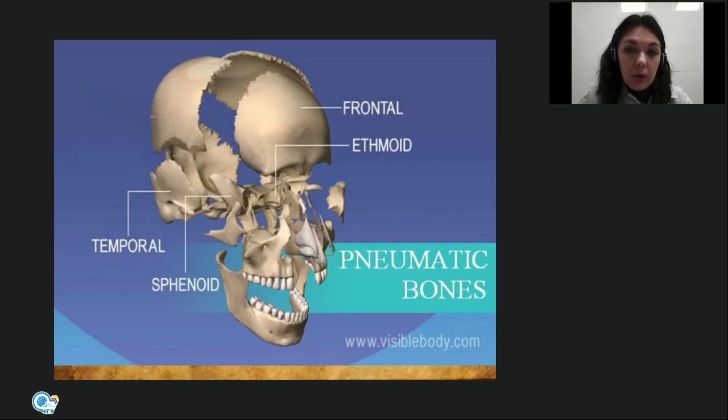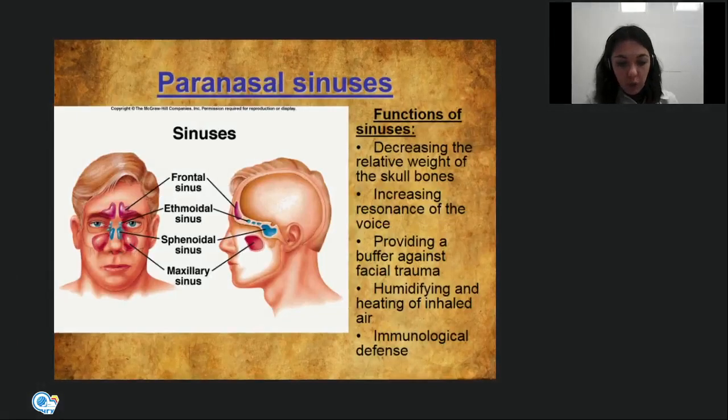These are not paranasal sinuses. It opens into the tympanic cavity, but still it is also an air-filled cavity. So you should know it. What is the function of paranasal sinuses? Maxilla is certainly also a pneumatic bone because it contains maxillary sinus. Yes. So functions of sinuses.